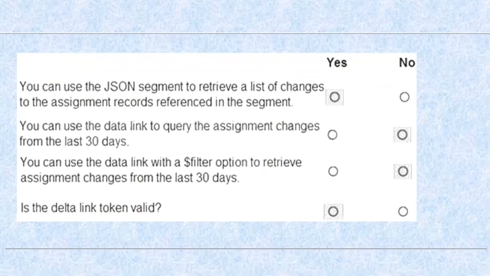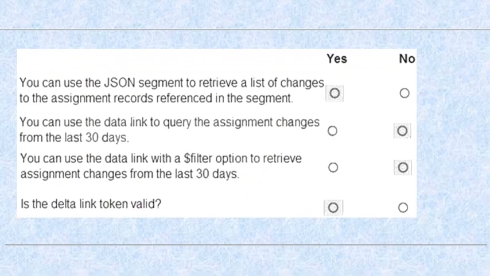Now look for the correct answer. The answer for the statement, you can use the JSON segment to retrieve a list of changes to the assignment records referenced in the segment, is yes.